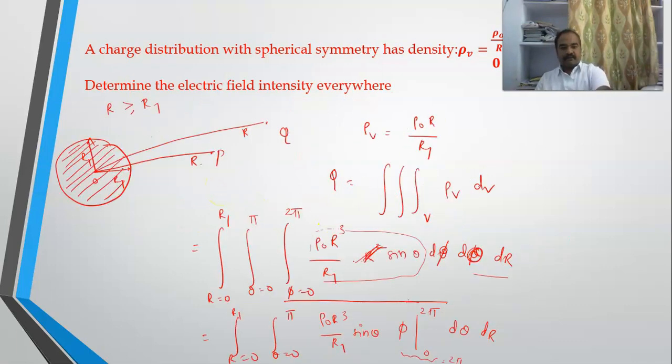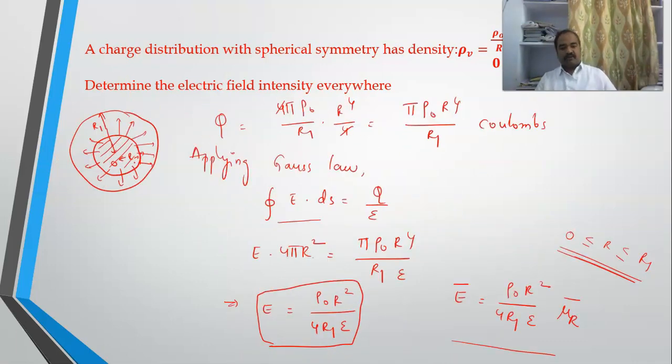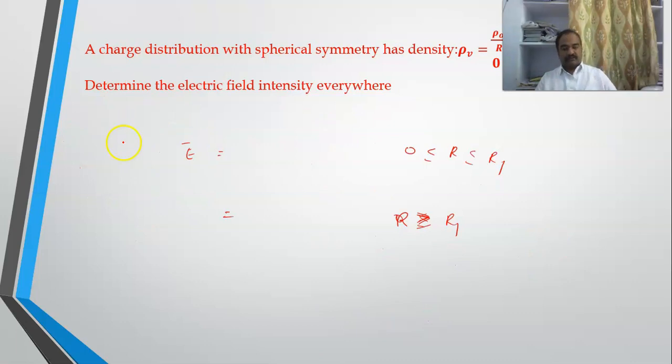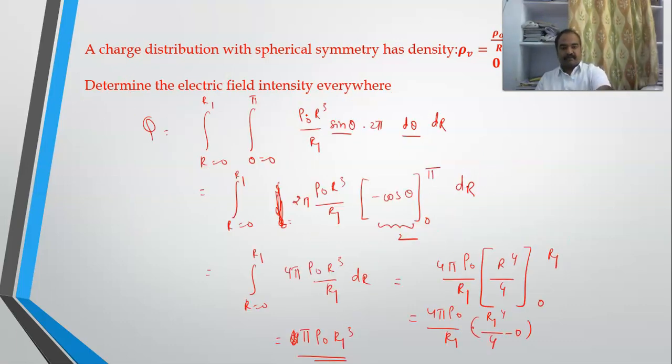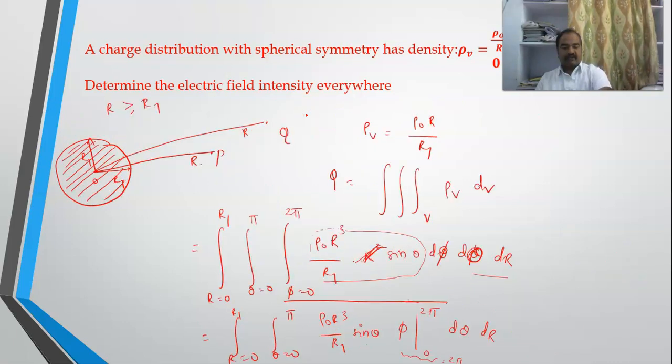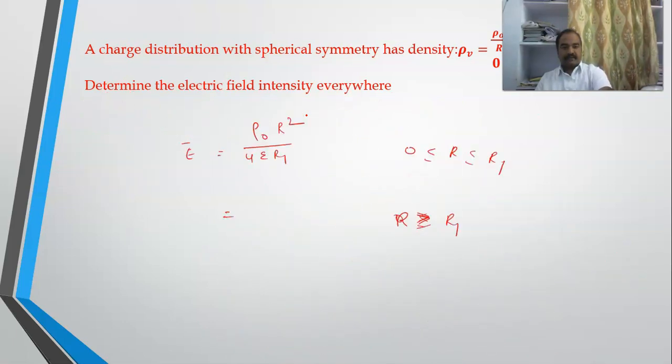So for r less than r1, what we have got is rho naught r square by 4 epsilon r1, right? Let me check once again. Yeah, rho naught r square by 4 r1 epsilon.